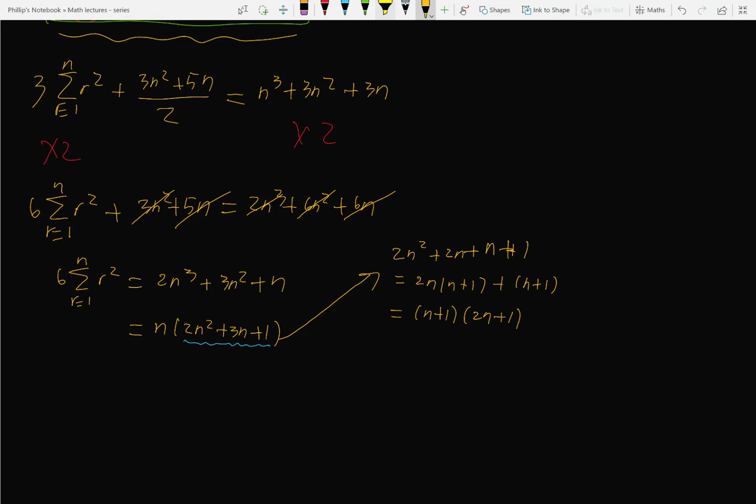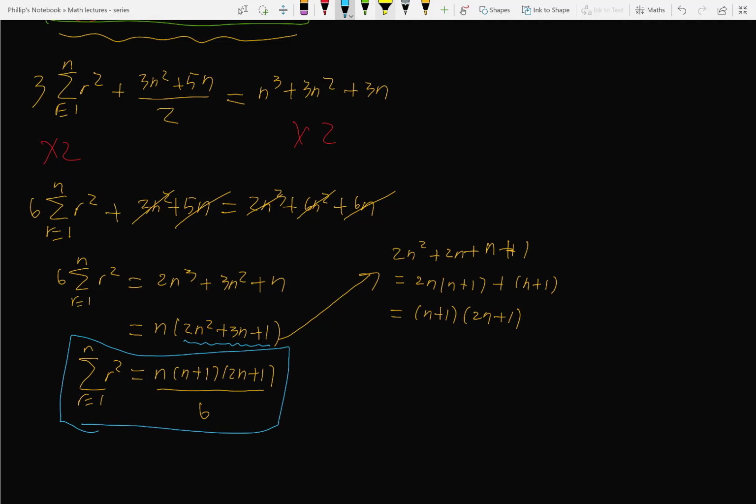So we've factored that now, so that's going to be equal to n times n plus 1 times 2n plus 1. And we want the sum of just r squared on its own, so we drop this 6 underneath, and that's the solution of the equation.